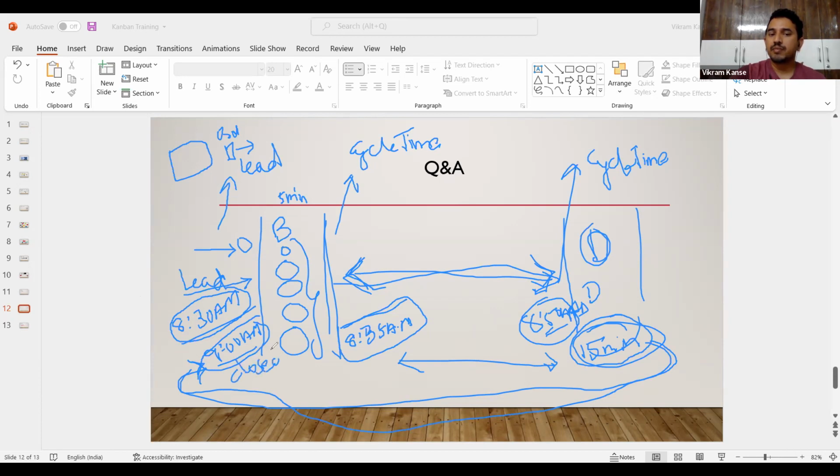So your lead time, since the order was placed till the order was actually delivered to the customer, was 30 minutes, but the amount of time that the team took to work on producing that order was 15 minutes. So 15 minutes was my cycle time and 30 minutes was the entire lead time.